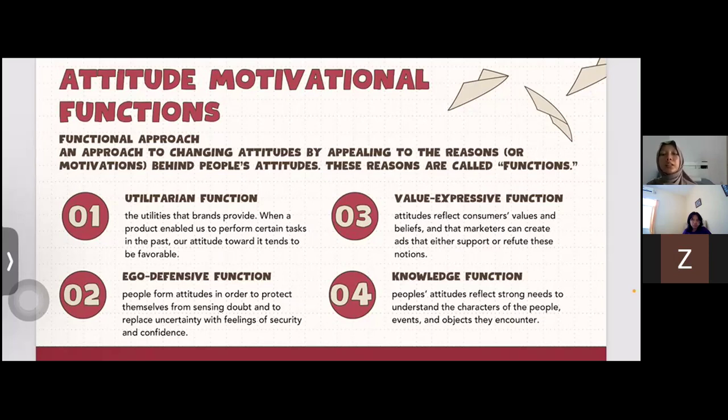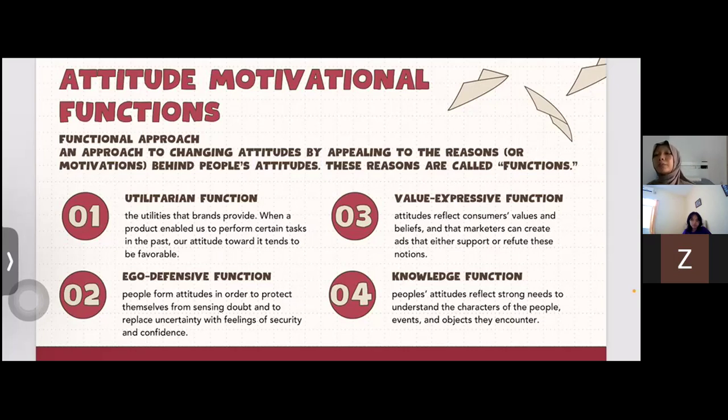And the second is the ego-defensive function. People form attitudes in order to protect themselves from sensing doubt and to replace uncertainty with feelings of security and confidence. The third is the value-expressive function.